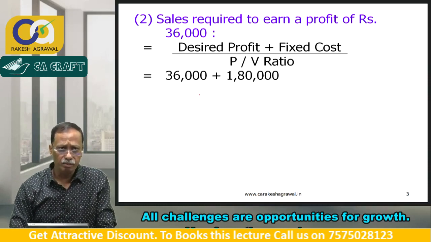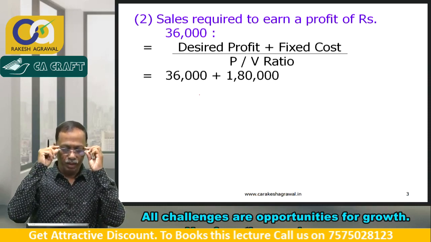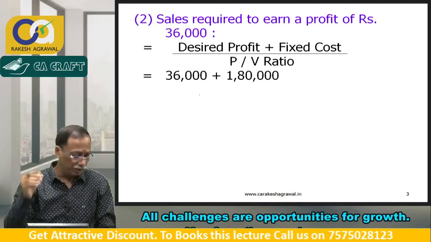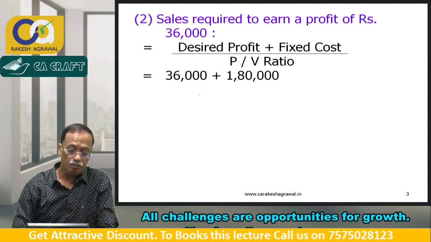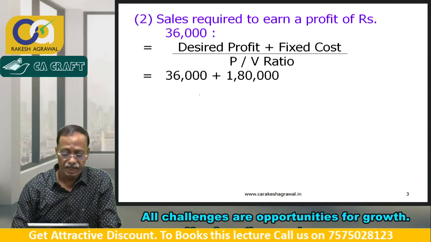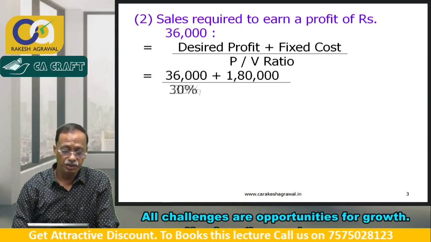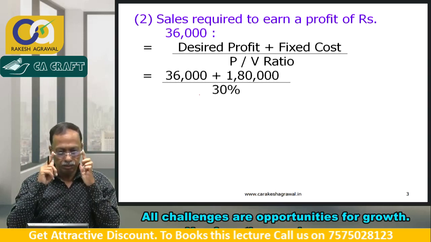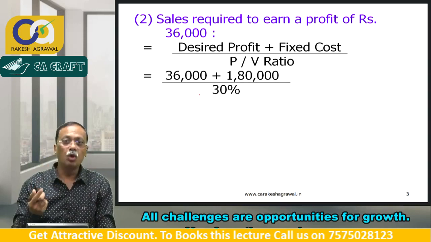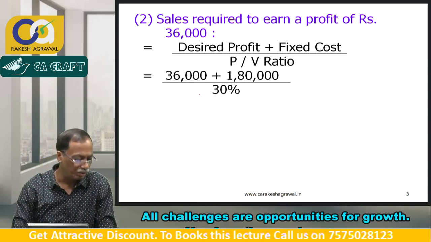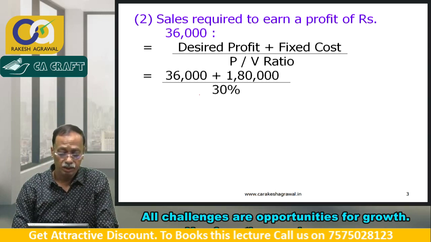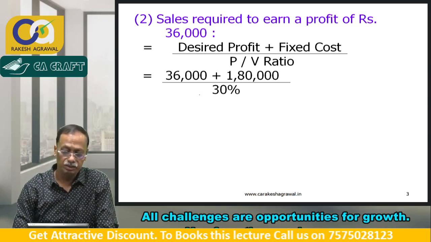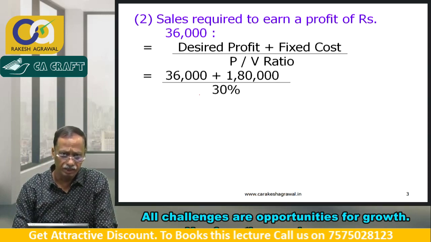So numerator, desired profit 36,000 plus fixed cost 1,80,000, divided by PV ratio 30%. Now the question said turnover means sales required, so I am doing it in rupees.